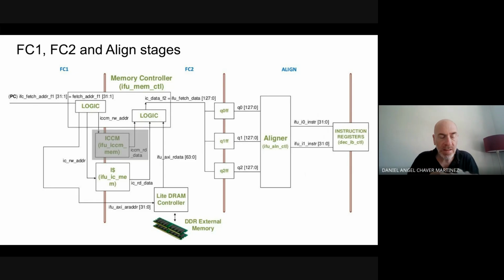As we said, there is an instruction cache, there is an instruction scratch pad that in some cases can provide the instructions. And there is an external memory which, in case of a cache miss, will provide instructions.